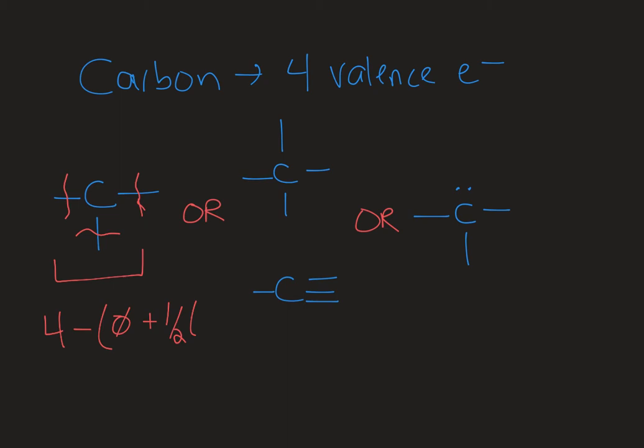That carbon has 3 bonds, and so it would have 6 total electrons around it, 2 in each bond, and we're assigning 3 of those, 1/2 of each bond, to the carbon atom. So this would be 4 minus 3, that equals 1. Okay, so this carbon atom is positively charged because it doesn't have a full valence of electrons there. This type of carbon with a positive charge is called a carbocation, and it's a very common intermediate in organic chemistry reactions. So you'll be seeing this frequently as we move forward in organic chemistry.